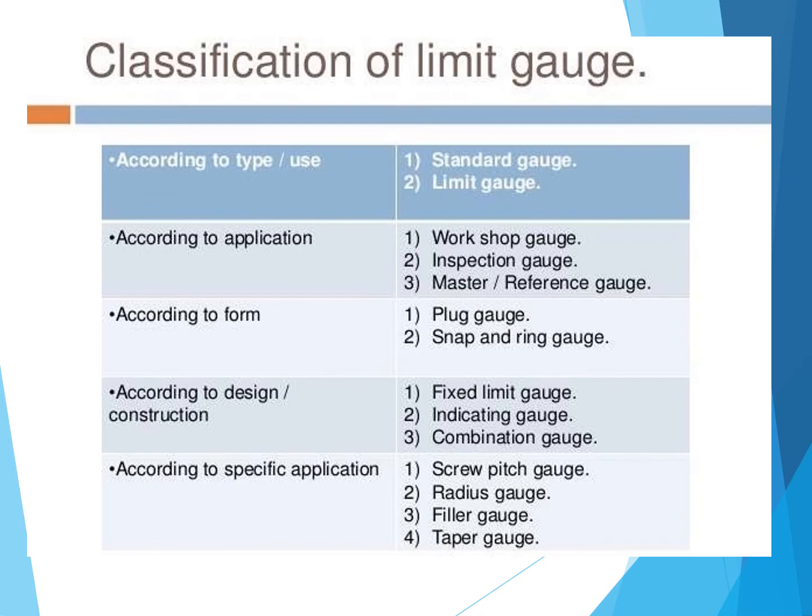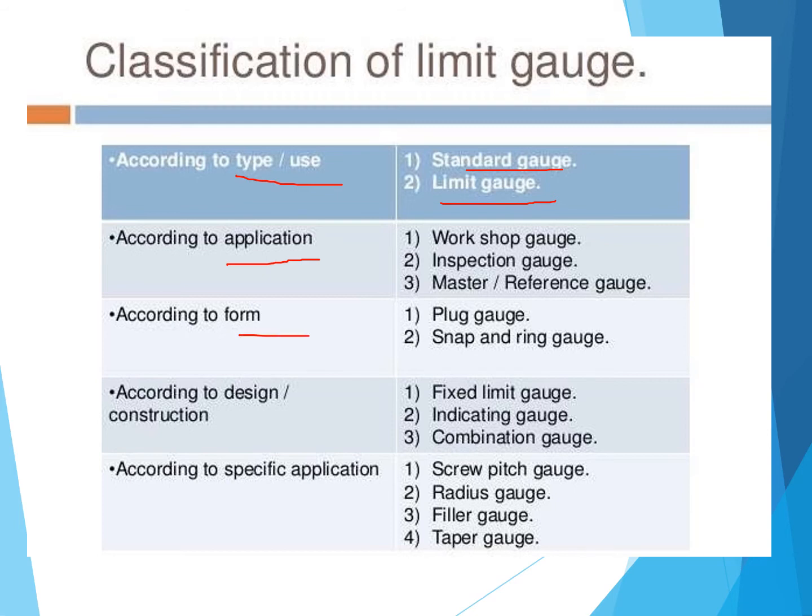Then, classification of gauges. The gauges are classified in two types. One is called the standard gauge, depending on the type of use. The second one is called the limit gauge, depending on the applications. They are called work shop gauges, inspection gauges, then master and reference gauges.